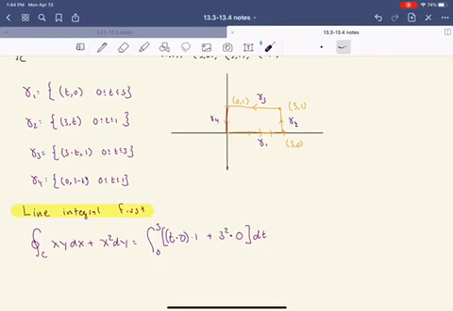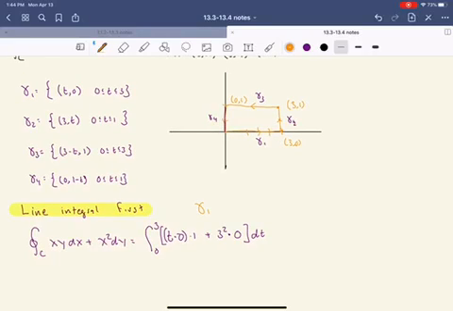The dx has a 1 dt, and dy is 0 dt. So this is the integral for gamma 1, which is clearly going to be 0.